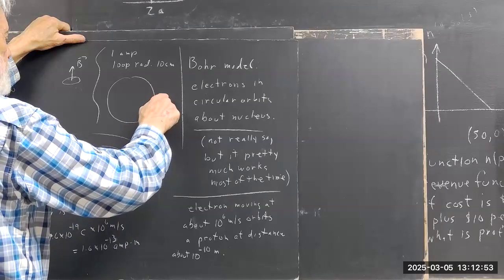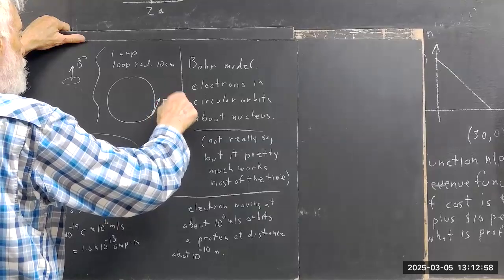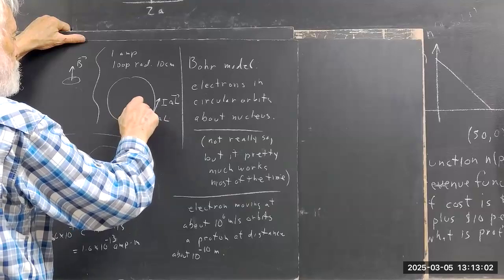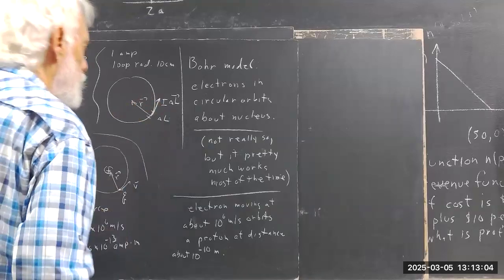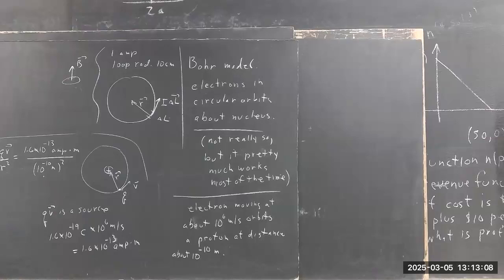Up here, at delta L, you got the center. There's your orbit. Does that make sense? Okay.